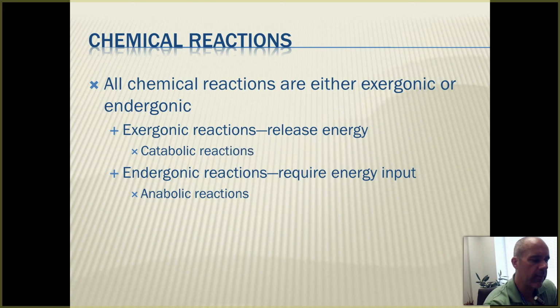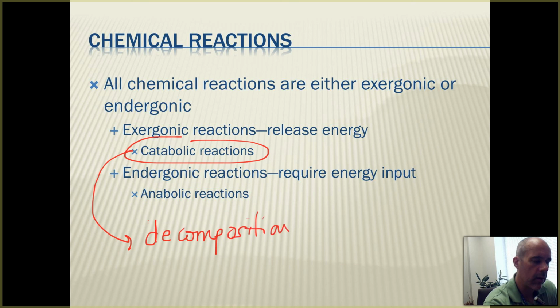All right, and so what do we mean by catabolic reactions? They release energy. Generally, when bonds are broken, these are decomposition or breakdown type reactions. Okay, you break bonds, especially covalent bonds.